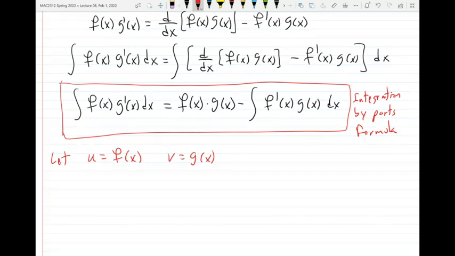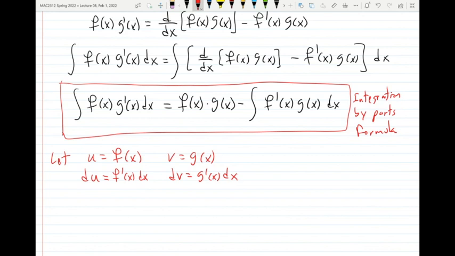If u is f of x, what is du? f prime of x dx, right? Remember when we use substitution. And if v is g of x, then what's dv? That's g prime of x dx, right?